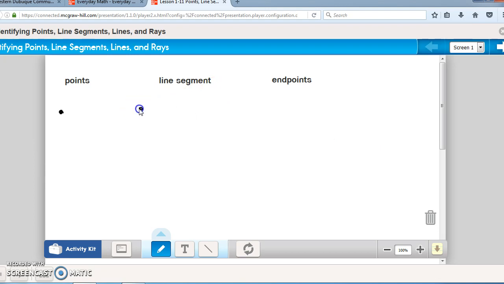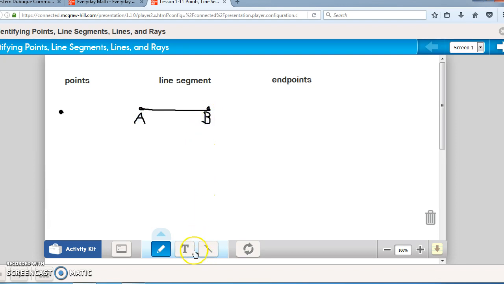So you have a point on one end. The line goes straight across. You have a point on the other end. That's an end point. That's an end point. So this we normally would call our endpoints A and B. And that's how we'd label them.